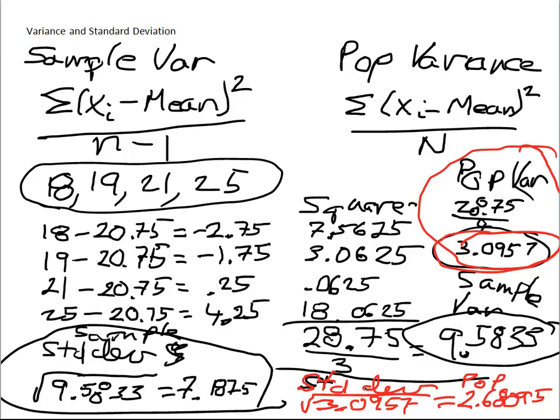It's very expensive to get. So we normally just do this sample standard deviation. In fact, if in Excel you put the formula in for standard deviation, it gives you the sample standard deviation, where it divides by 3 rather than 4, which is what the population would be. But sometimes you'll be asked for population standard deviation. But just remember, this one right here, the sample, is your normal one.